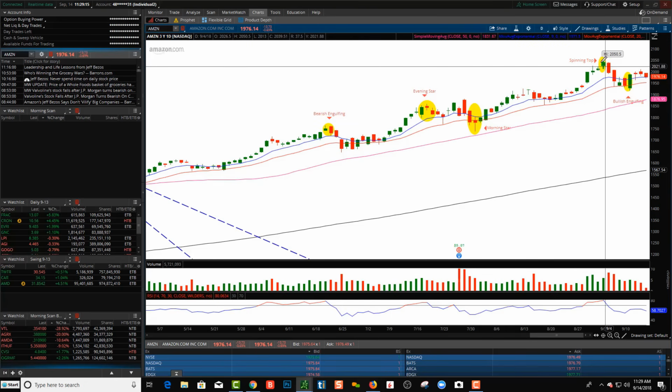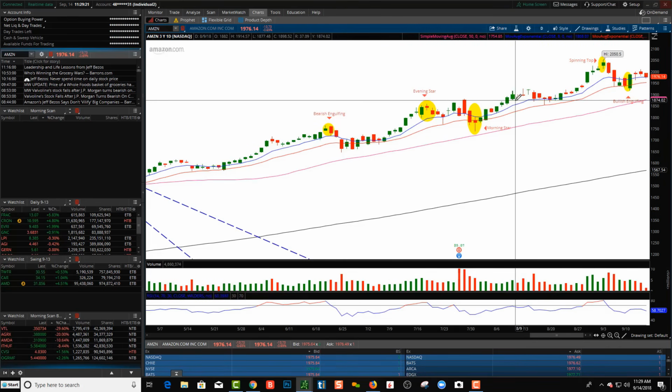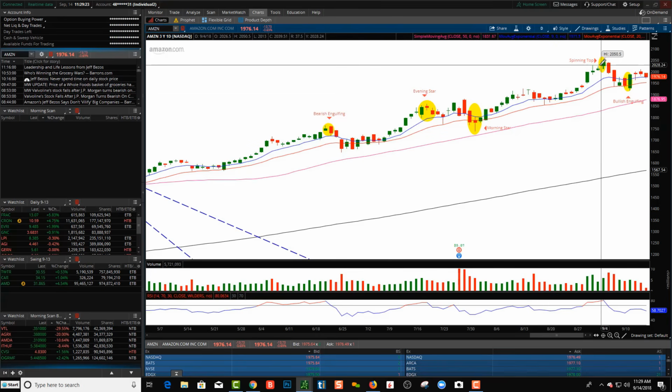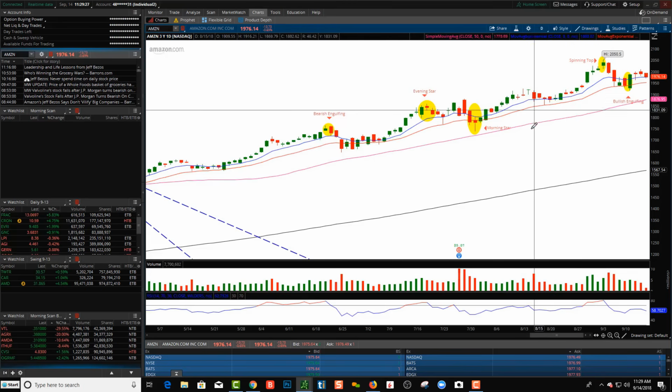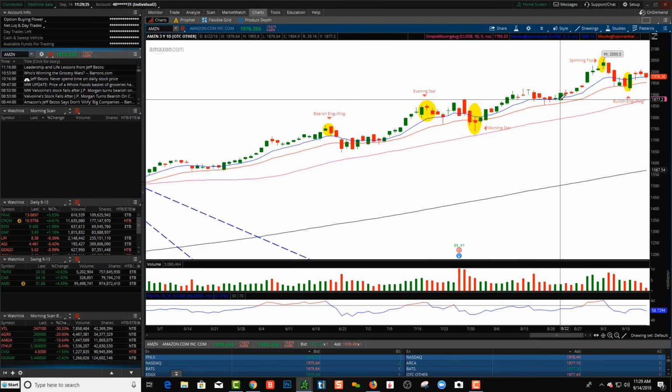Now spinning top, again, these smaller candles up in here can also be dojis as well. So you can call them, it's kind of like these smaller real bodies with some wicks in the shadows. You'll see these many times at resistance and also support levels, saying, hey, be careful. There might be a shift in momentum.